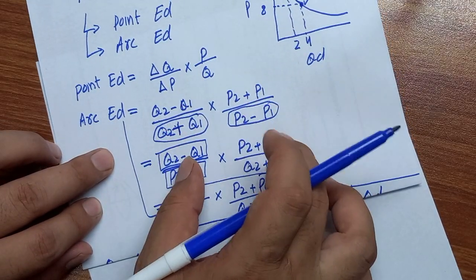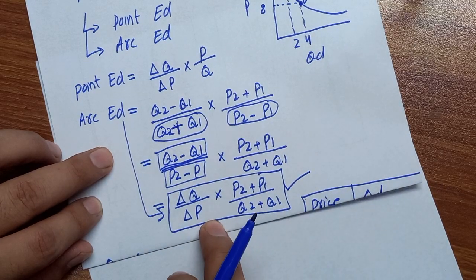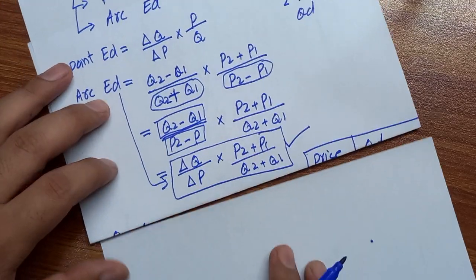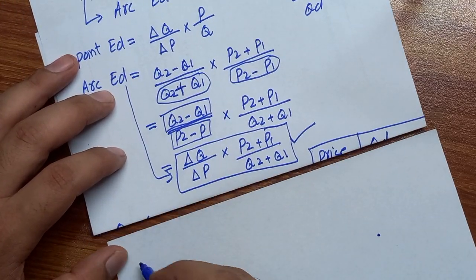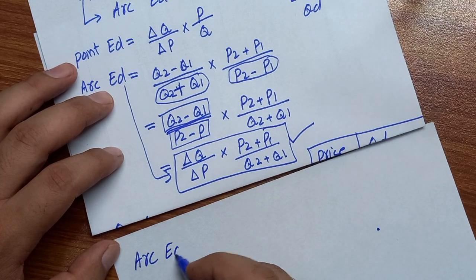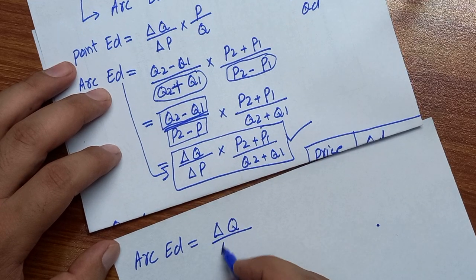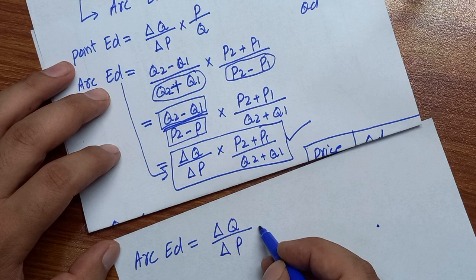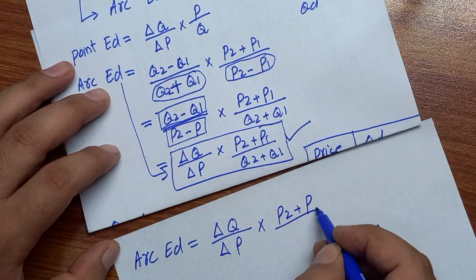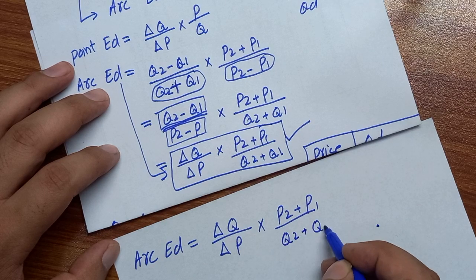We just simplify it and we have the formula of arc elasticity of demand here. So now the formula of arc elasticity of demand is equal to change in quantity divided by change in price multiplied by P2 plus P1 divided by Q2 plus Q1.